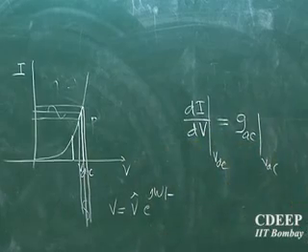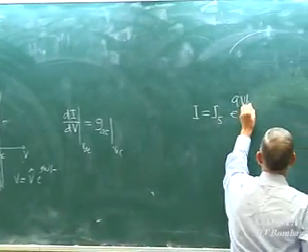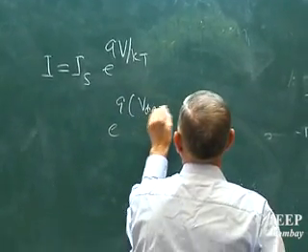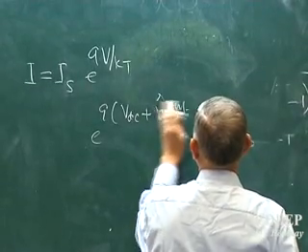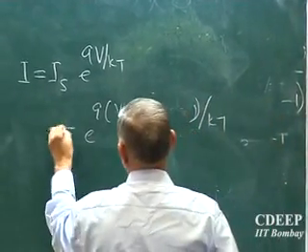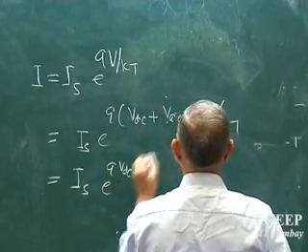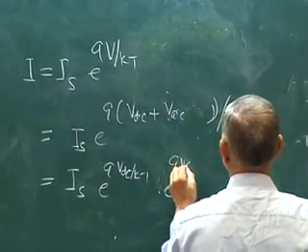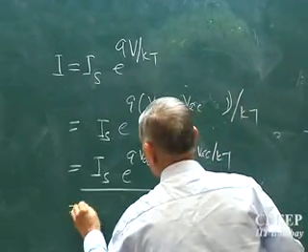If I want to find this, I assume I is equal to Is e to the power qV by kT, neglecting the 1. Then I write V as VDC plus V bar e to the power j omega t; right now assume VAC for the sake of this. So e to the power q(VDC plus VAC) by kT is e to the power qVDC by kT into e to the power qVAC by kT. How much is this current? IDC.